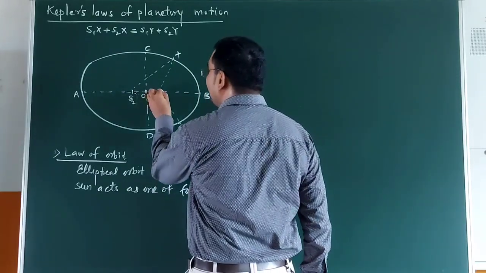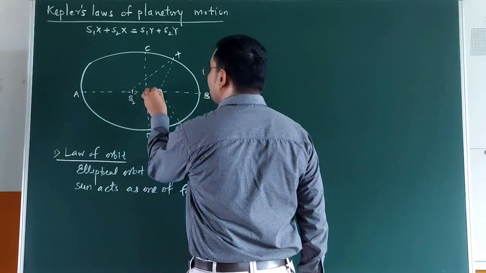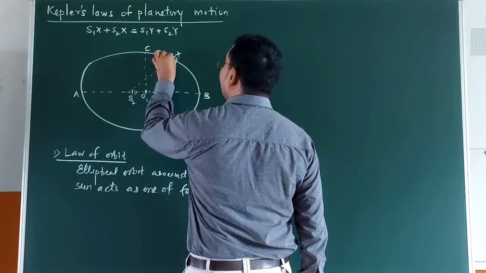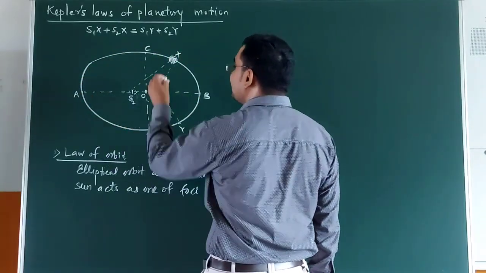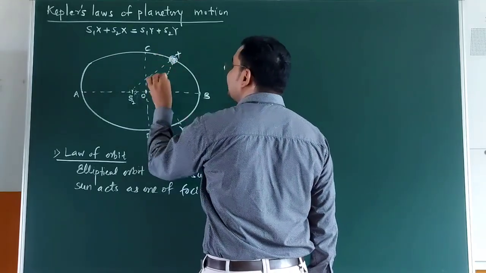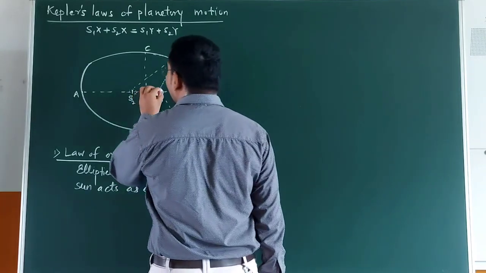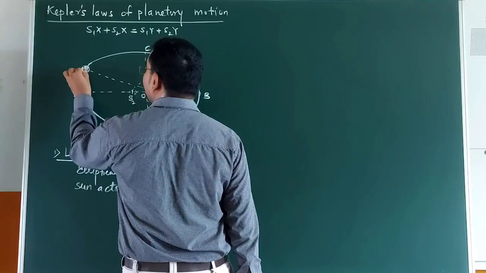So if this is the position of the sun, S1, then planets are revolving around the sun in an elliptical orbit. Because of this, you can see at some instances planets are at shorter distances, but at some instances planets are at longer distances from the sun.